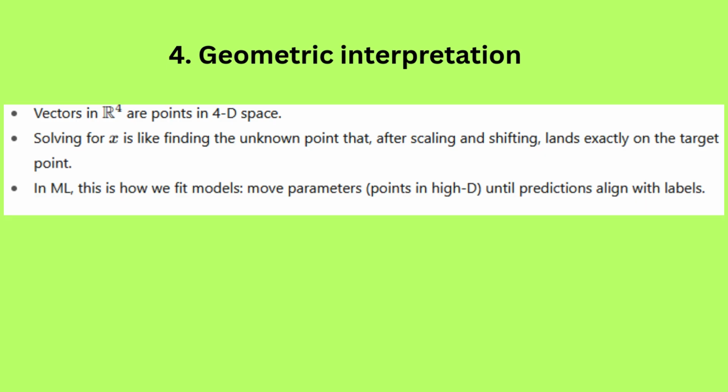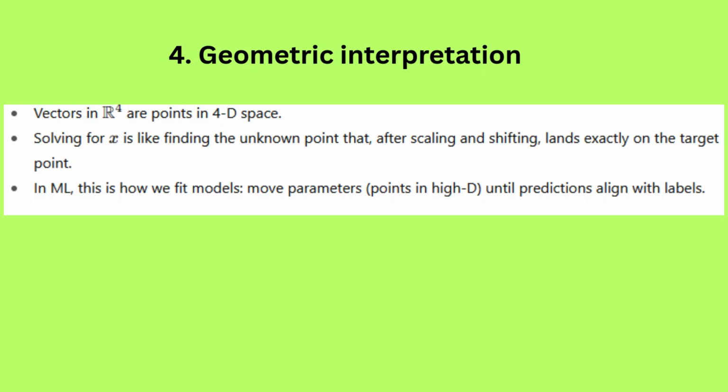So basically solving for x is like finding the unknown point after scaling and shifting, which lands on an exact target point. So in machine learning, this is how we fit models and move parameters, points in high dimensions, until predictions align with labels.